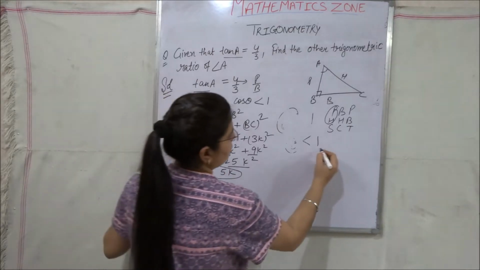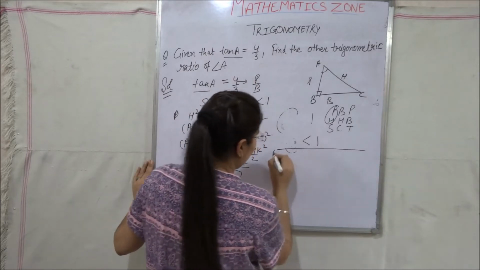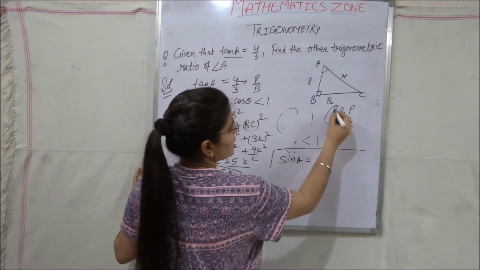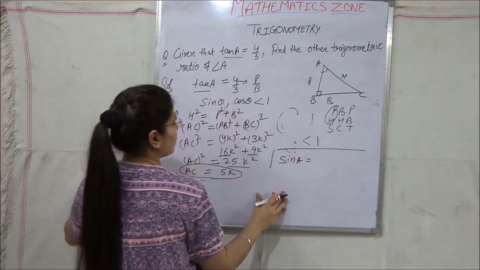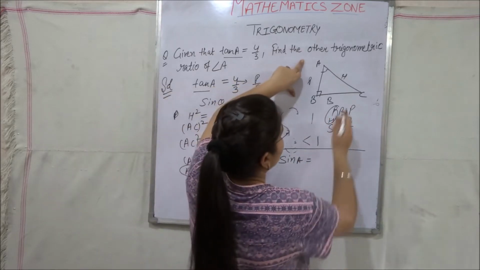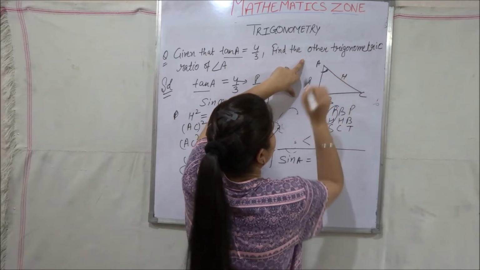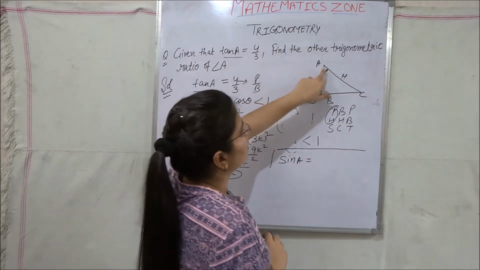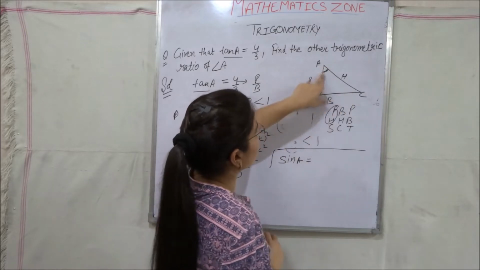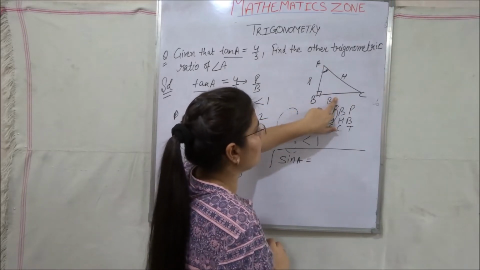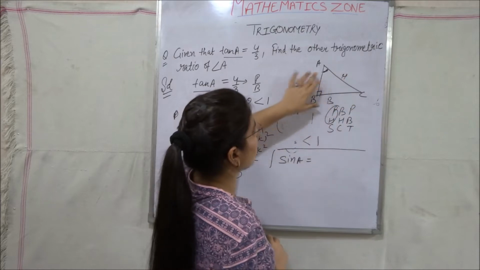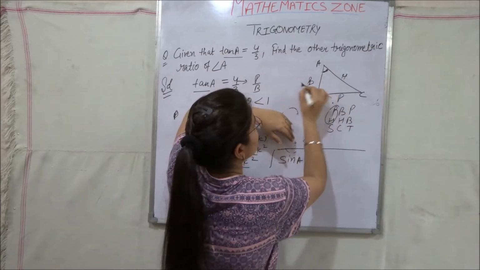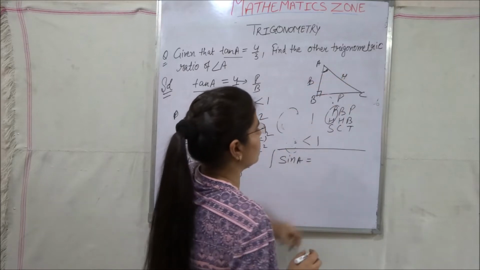Now, the value of sin A. Sin A is P upon H. So here we want to find the trigonometric ratio related to the angle A. Now the side opposite to angle A is BC. So this is our perpendicular, this is our base and this is hypotenuse.